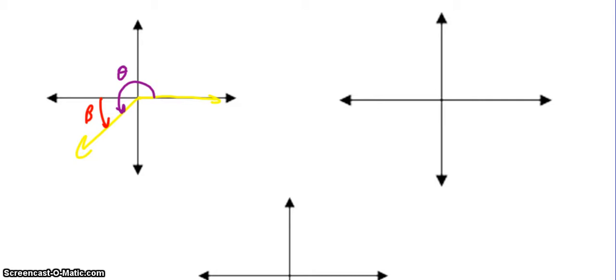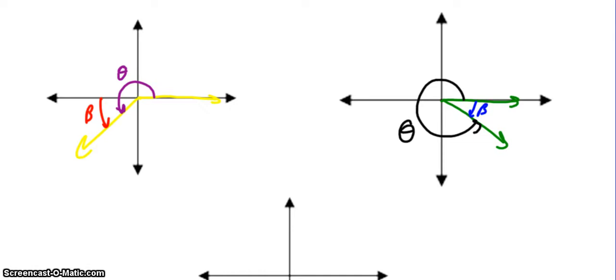And if I am in the fourth quadrant, so I have this angle theta, then here's the reference angle beta. So those are basically the 4 positions of a reference angle.